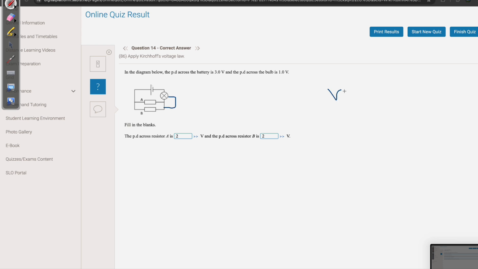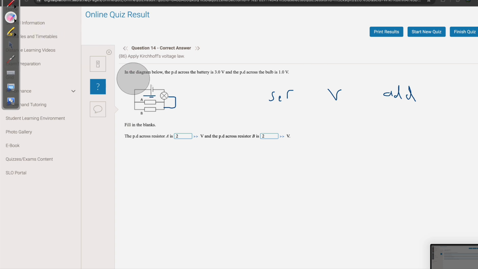The combination of A and B is in series with the lamp, so in series voltage is additive, and the battery is in series with the bulb.